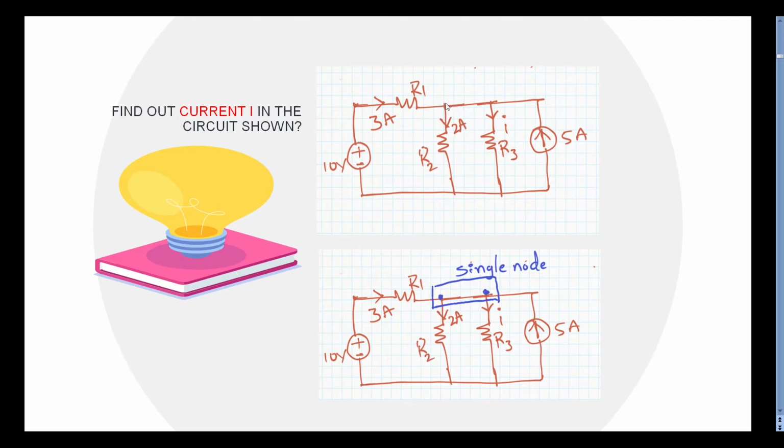If you observe the circuit closely, these two nodes constitute the same node. After all, these two nodes are separated by a connecting wire. So you can treat these two nodes as a single node. These two nodes are not different nodes.